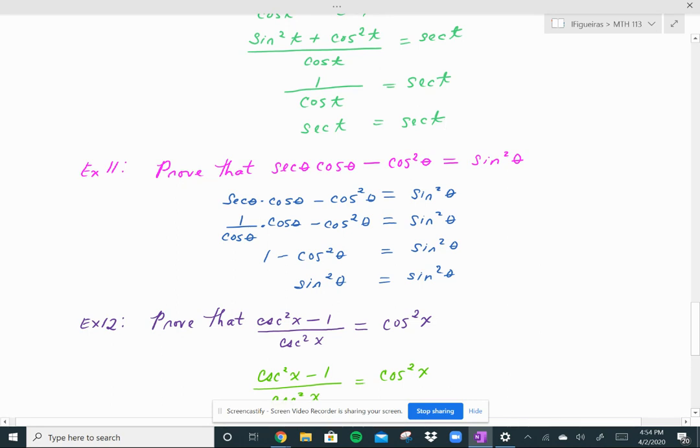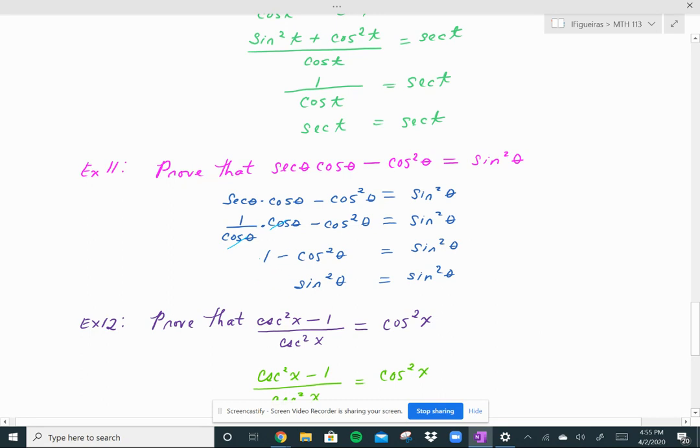Secant gets rewritten as 1 over cosine. But when you do that, the cosines here will cancel each other out. So you're left with 1 minus cosine squared. But again, that's one of the Pythagorean identities just written in a different way. 1 minus cosine squared is equivalent to sine squared of theta. So the left side equals the right side. Identity has been proven.